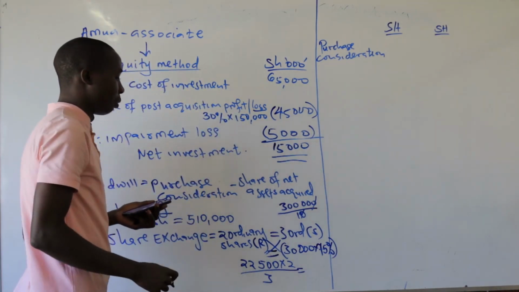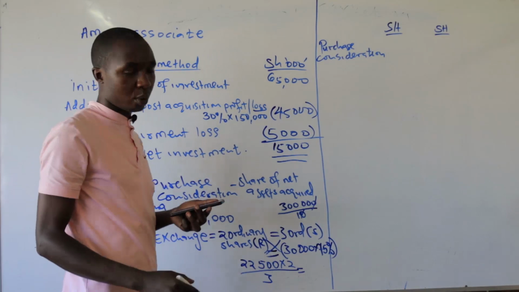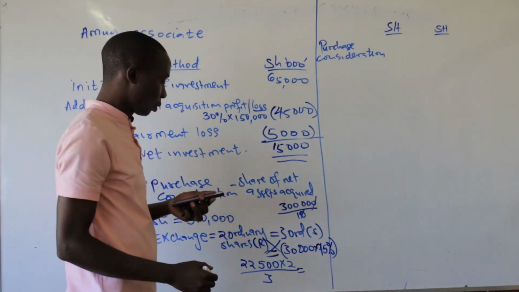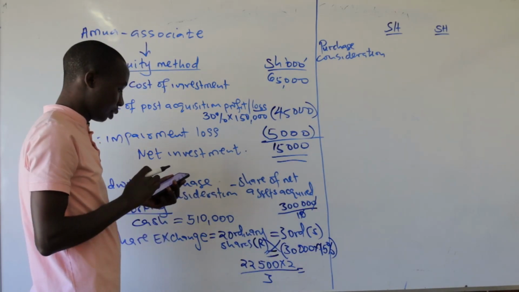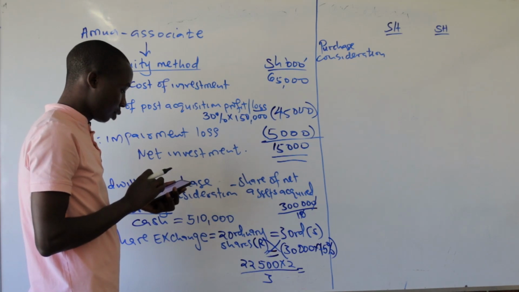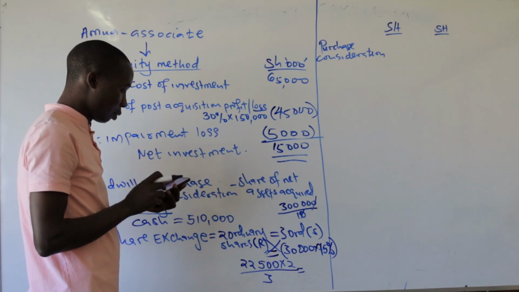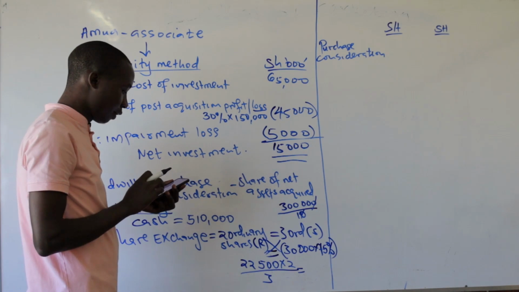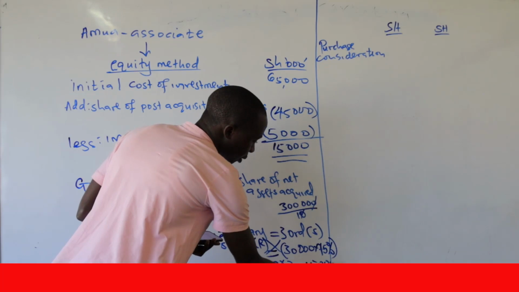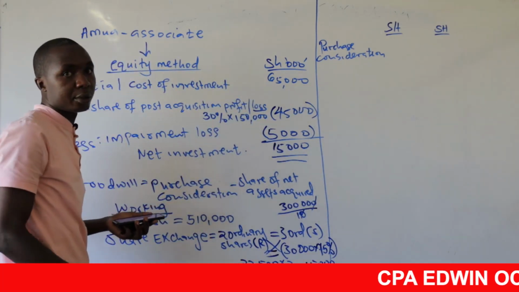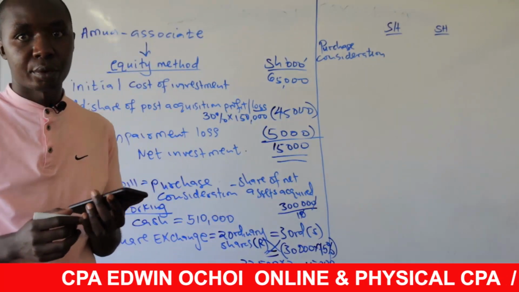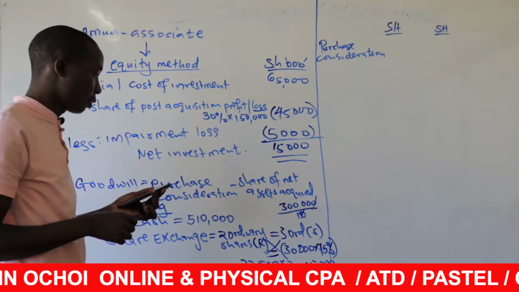So we need to check how many shares Risiki acquired in S. So we say 22,500 times 2, then we divide by 3. So we get 15,000.